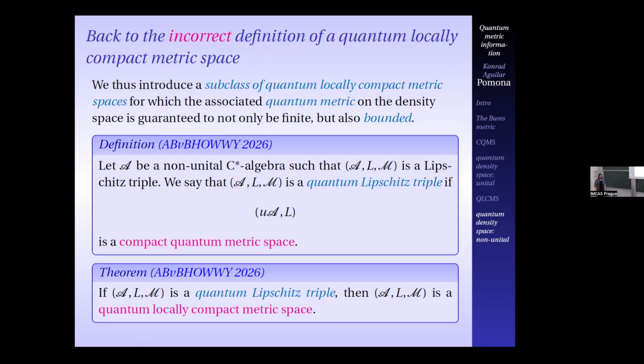Thank you. Do we have more questions, Karen? These constructions of yours were for a single faithful trace. But of course, AF algebras can have many faithful traces. Have you looked at how they might differ? Are they equivalent?